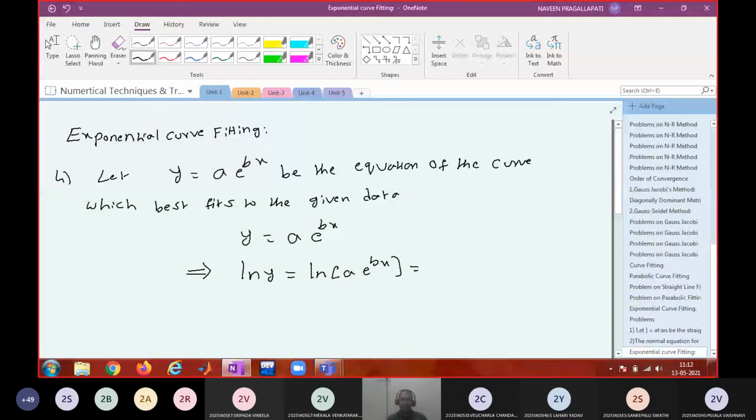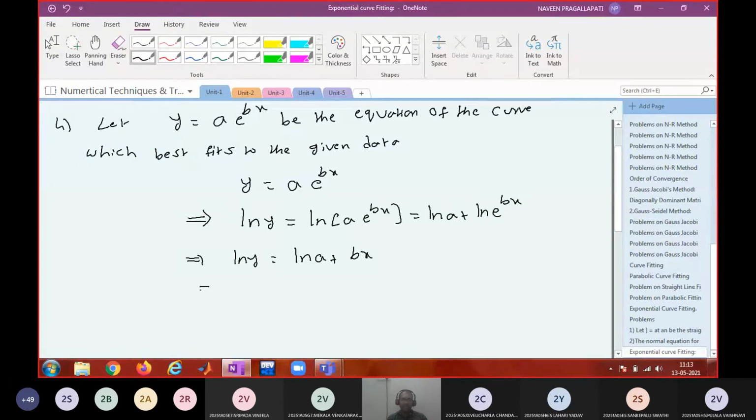Okay. So this is log a plus log e power bx. So that means log y is equal to log a plus bx. Log e to the base e is 1. So can I write this as capital Y equal to capital A plus bx? Capital Y equal to A plus bx.